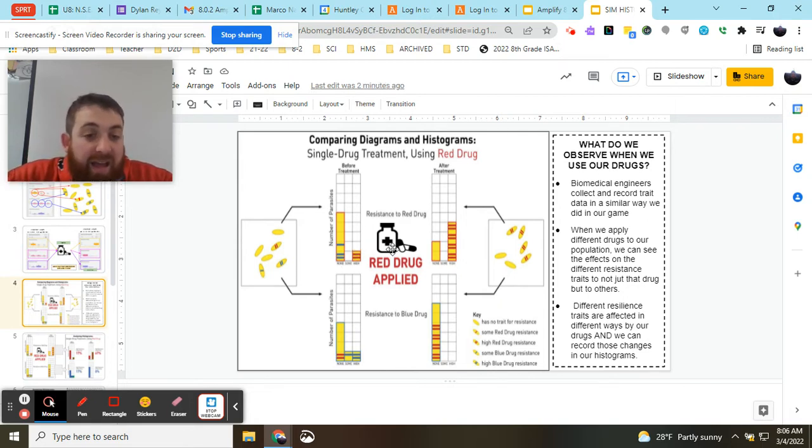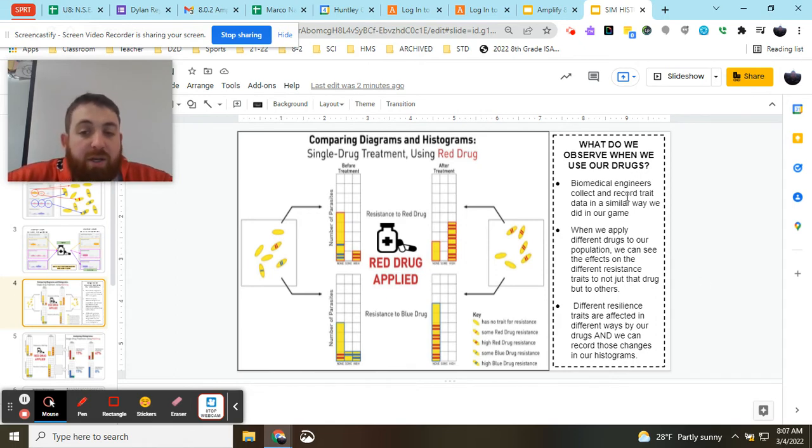If we were to apply a drug, for example, the red drug, we would see a difference in the overall resilience levels after we applied that drug. We would see different resilience levels not only to the red drug, but also a different resilience level to the blue drug. Our population here has very unique resilience levels for red and blue, and when we apply that red drug, we're able to see some of those changes.